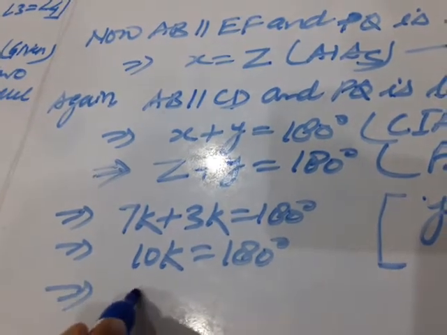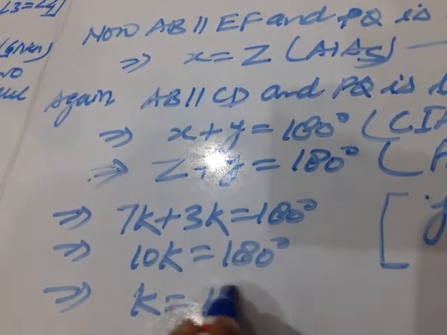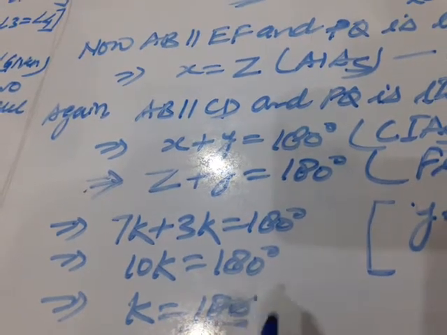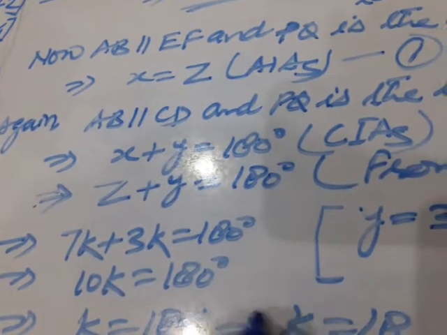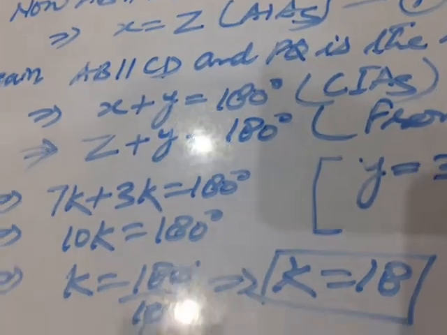This implies that k equal to 180 upon 10, the zeros cancel, and k equal to 18. What does it mean?